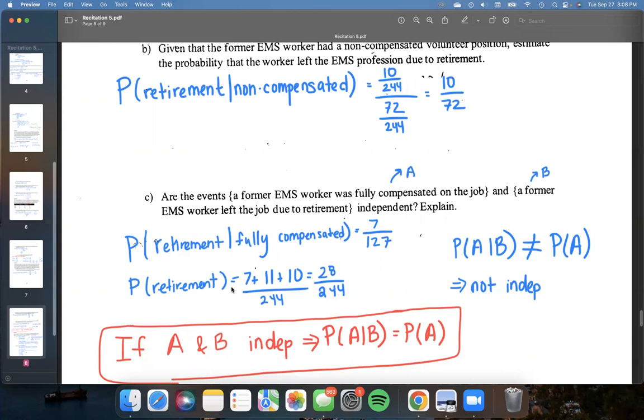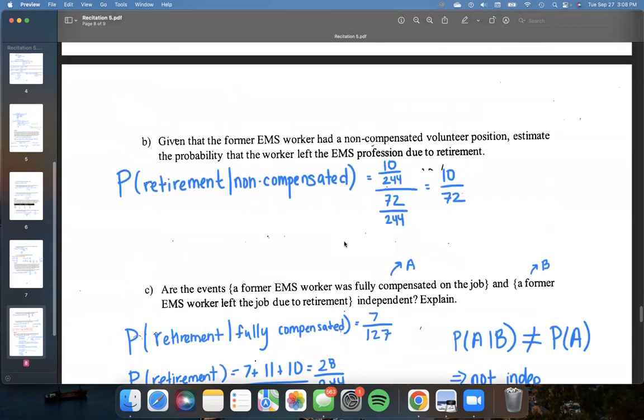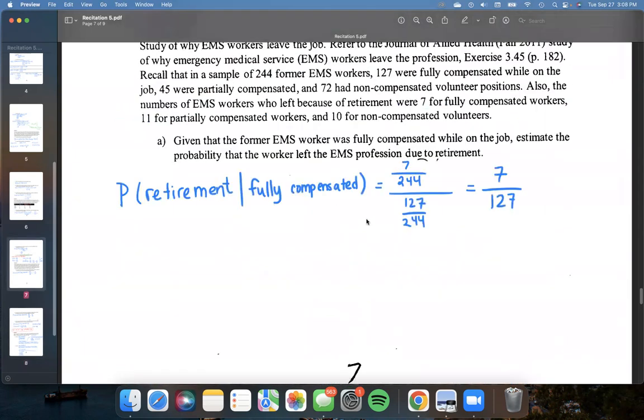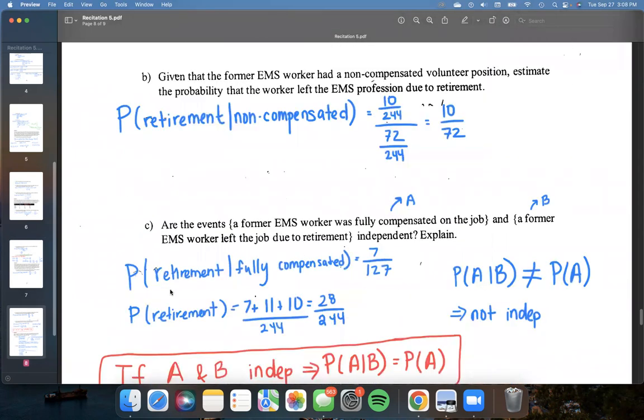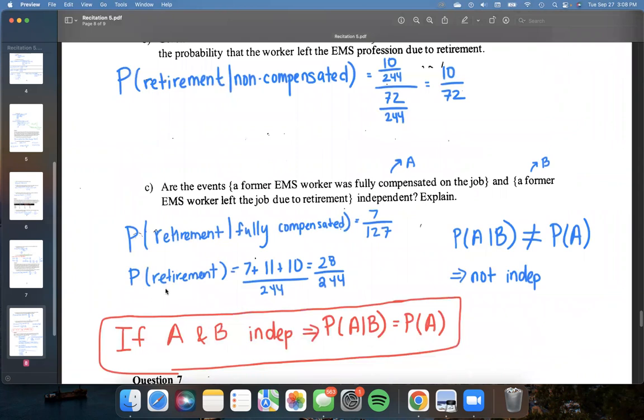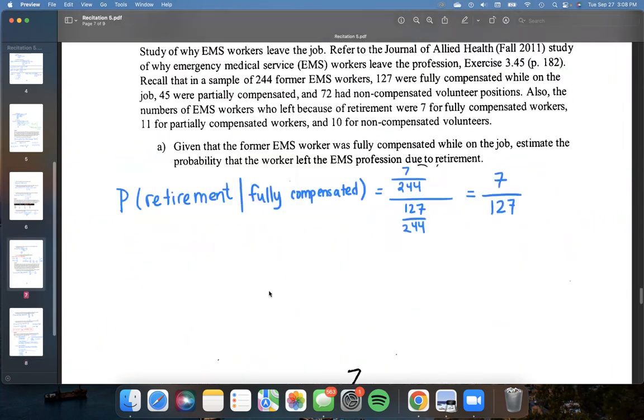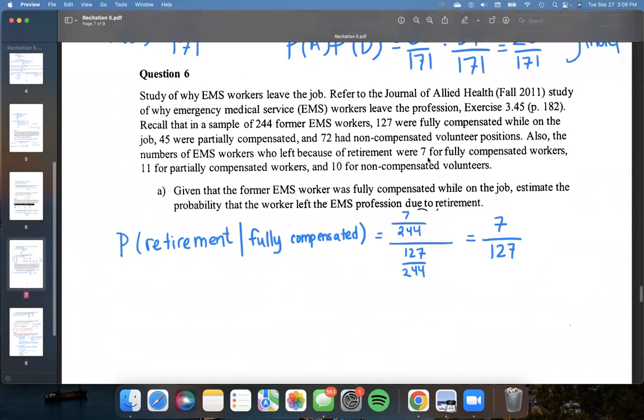All right, so going back to this problem. So the probability of retirement given fully compensated is 7/127. That's what we found in part A. And then the probability of retirement would be, I'm going to add up all these three numbers down here. So the numbers of EMS workers who left because of retirement, which is 7 plus 11 plus 10.